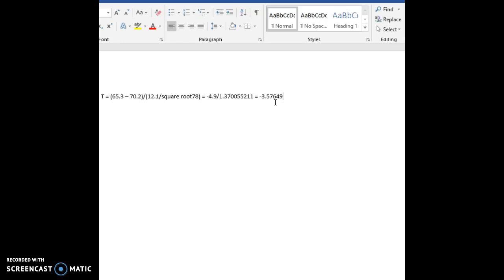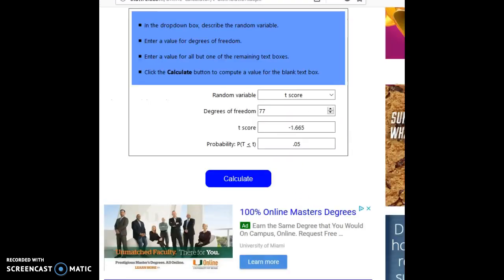To get a p-value, let's just take negative 3.576, go to the Stat Trek, and put that in. Now, I do need to get rid of this stuff that's in the probability box. All we do is we put this in and our degrees of freedom. This is always our test statistic, and hit calculate.